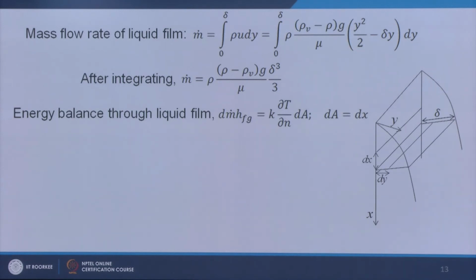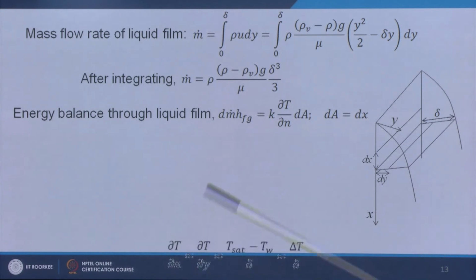Then if you go for the energy balance, this equation we have already derived by taking a small strip around the film. If you remember, for some infinitesimally small strip, we can write m dot equals dm. Here, if this strip is very thin, then we can write dA equals dx, because in the y direction the strip thickness will be very small.